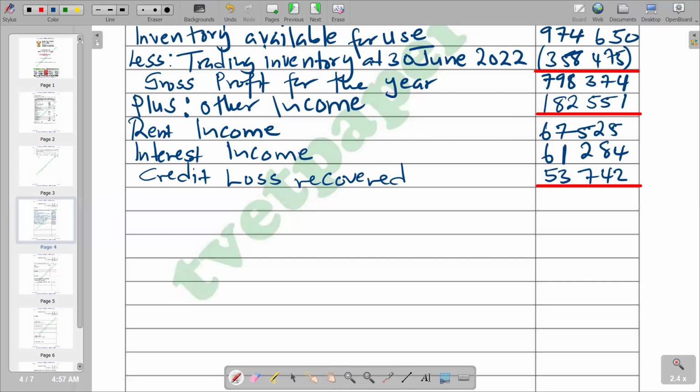So we can just take note that we are adding other income, so we are saying plus here. So it's 798,374 plus 182,551. Then you get a total supposed to come here as 980,925.